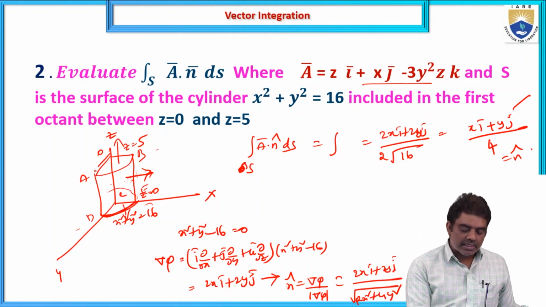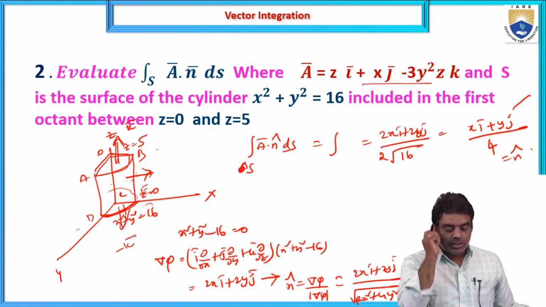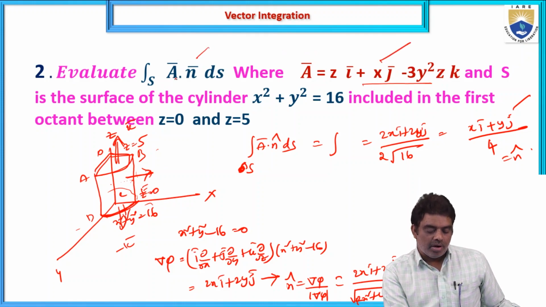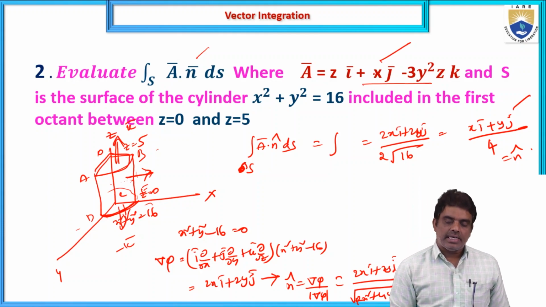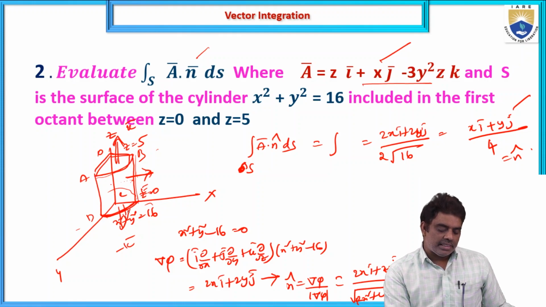And for this surface, the outward normal vector is in the direction of z, that is k bar. In this direction, minus k bar. So using these three, you find the outward normal vectors, and a bar is already there, so you find a bar dot n cap. You have to study three cases. Case 1 is along the surface ABCD.